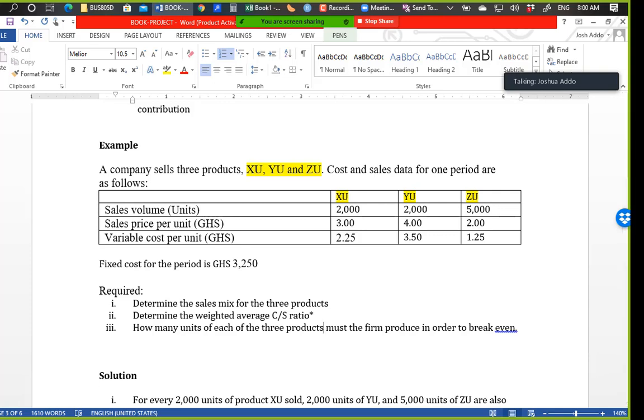In terms of simple ratio, that will be 2:2:5, with a total ratio of 2 plus 2 plus 5, which is 9. If you want to use the percentage, then let's calculate it.